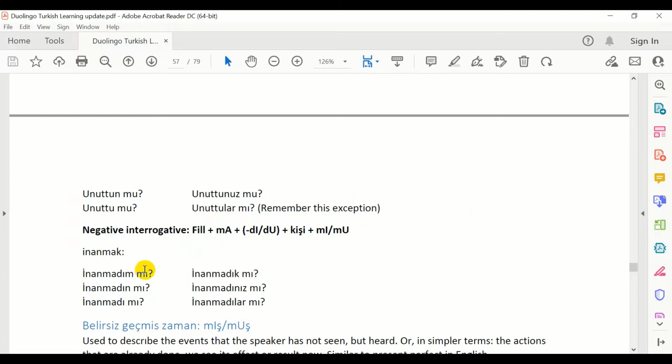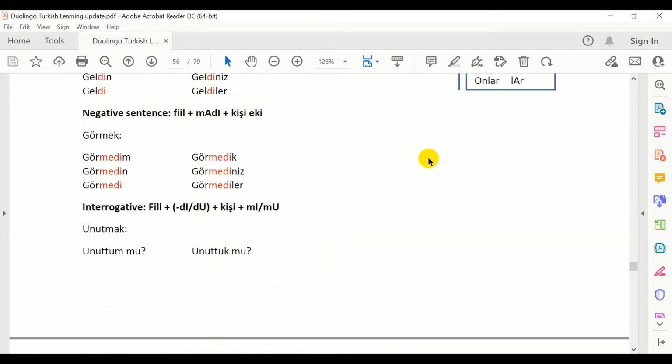İnanmak, to believe. İnanmadım, I did not believe. It's a negative sentence like here. Negative sentence, görmedim. And when you want to change a negative sentence to a negative interrogative sentence, after the negative sentence you add the question suffix. For example, here, görmedim mi, did I not see?